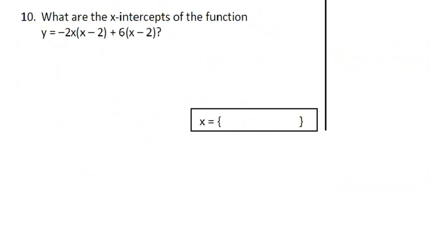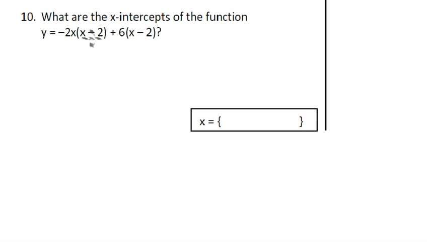Question number 10. What are the x-intercepts of the function y equals -2x times (x minus 2) plus 6 times (x minus 2)? Now class, on this one, it appears to be somewhat an intercept form, but it's not completely an intercept form.